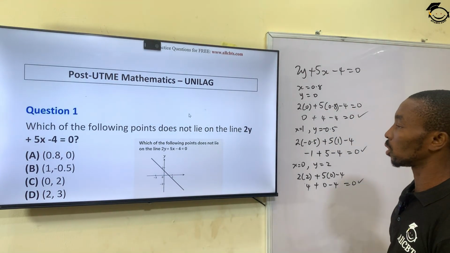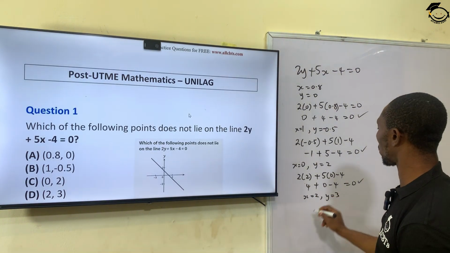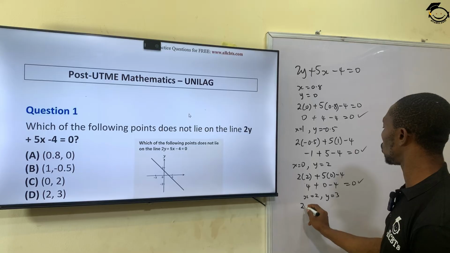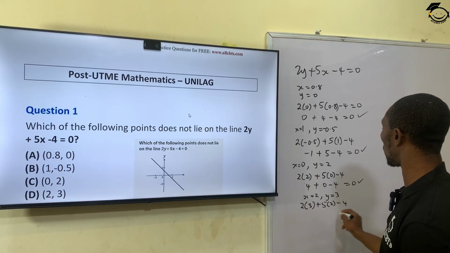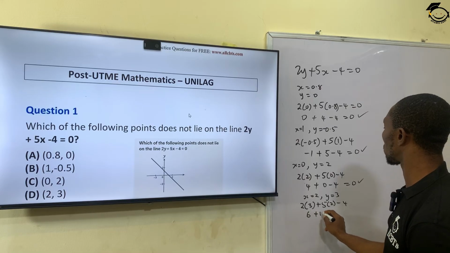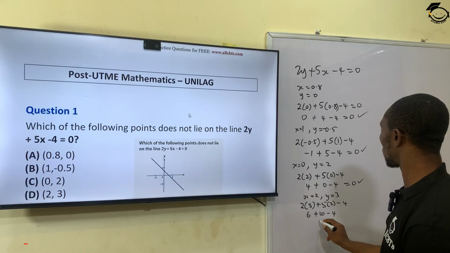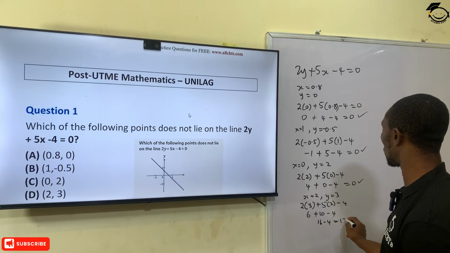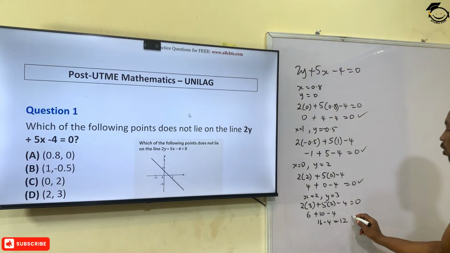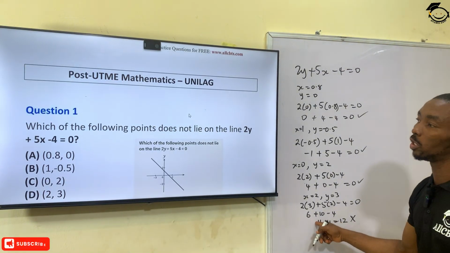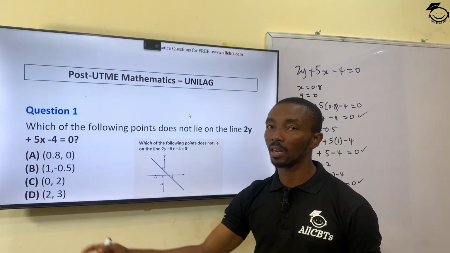Now, looking at option D, where x equals 2 and y equals 3, this would be 2(3) plus 5(2) minus 4. This would be 6 plus 10 minus 4. 6 plus 10 gives us 16, minus 4, which gives us 12. This is not equal to 0. So our right option is option D. Option D does not lie on the line.